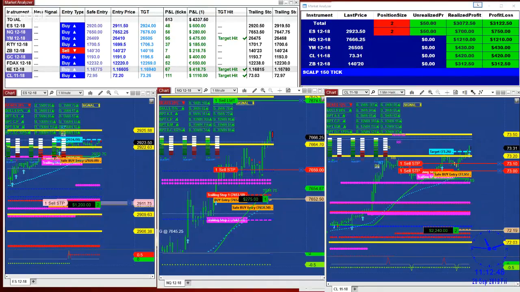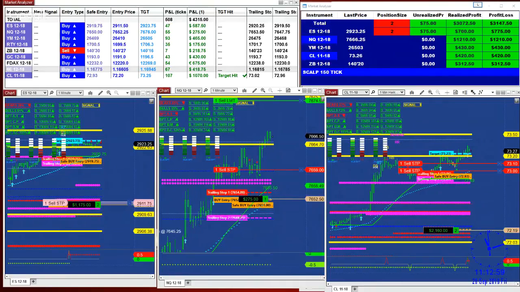So you are behind on that. 6E is harder to trade than CL, ES, NASDAQ, Dow Jones all together, even DAX. So for the guy who wants to trade the 6E, get rid of it. Put it on auto trade. You're not going to be able to trade it manually.